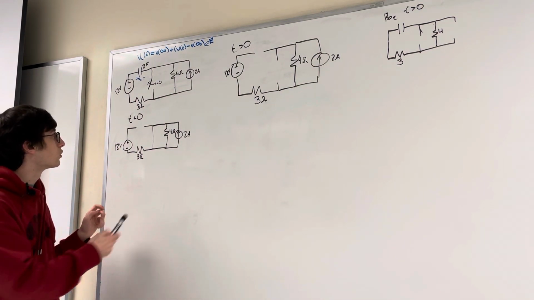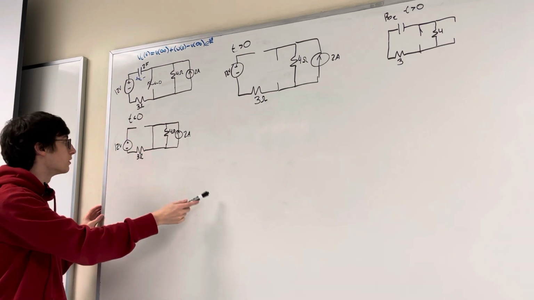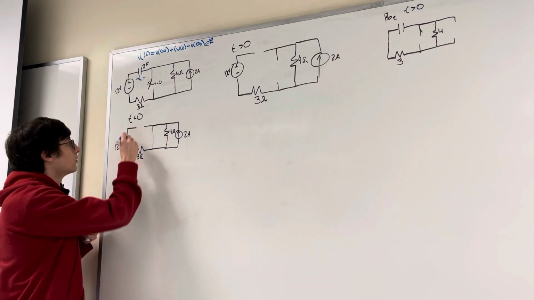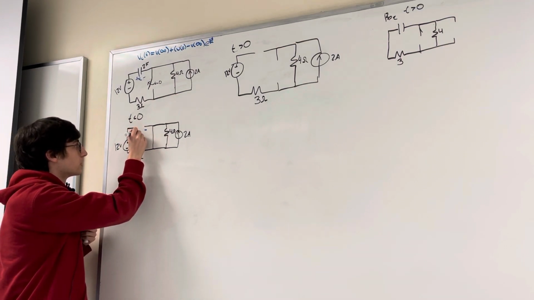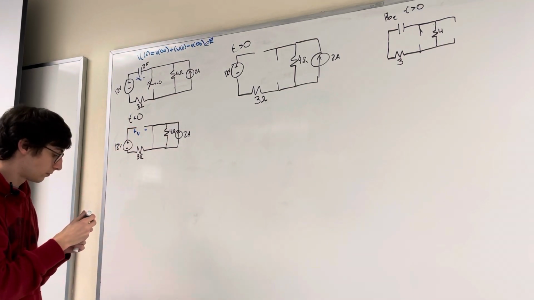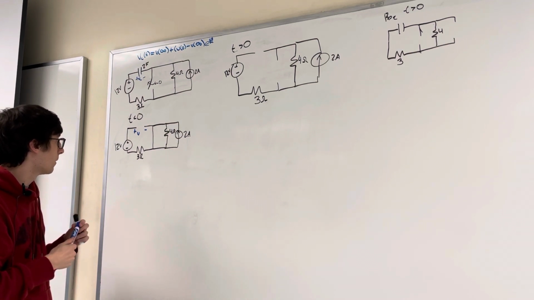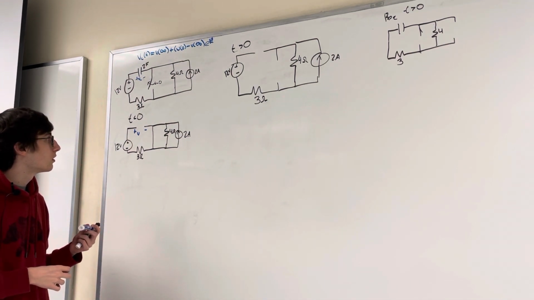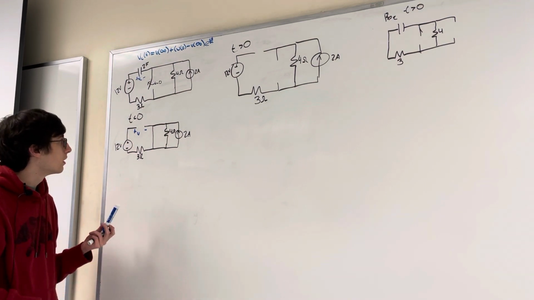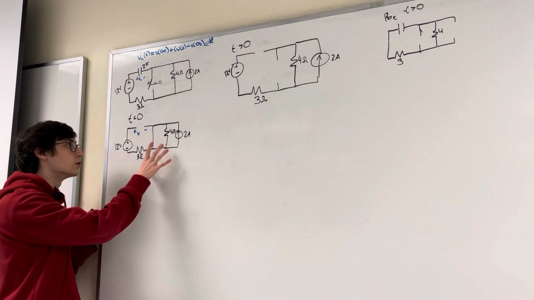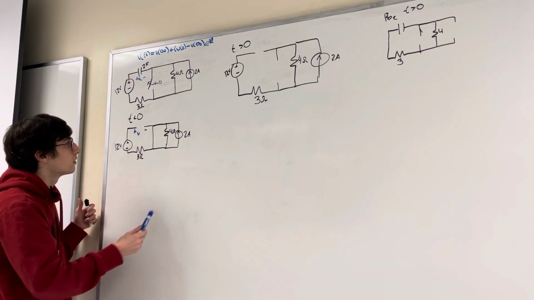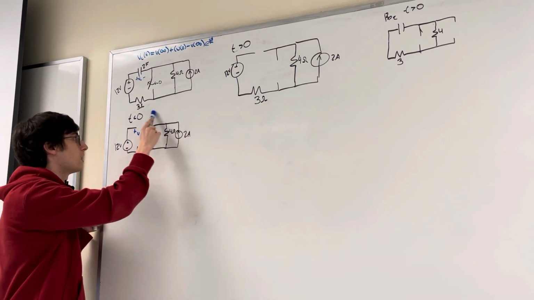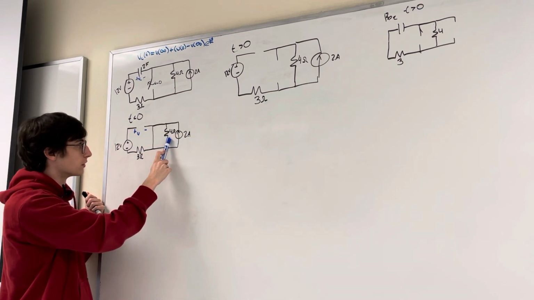So here is a circuit for when the time is less than 0, and we are currently trying to solve for the voltage across here. As you can see, there is literally nothing flowing through these two resistors because, one, this is shorted by a wire, so all this current is just flowing through this loop and ignoring this 4 ohm resistor.